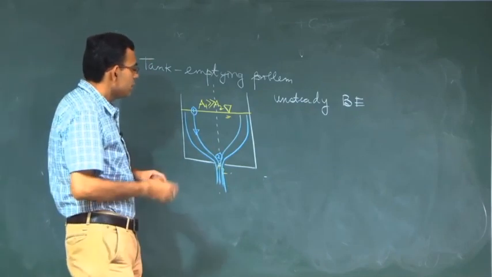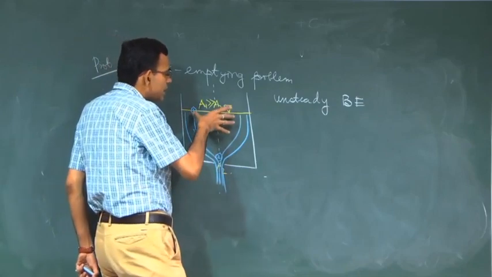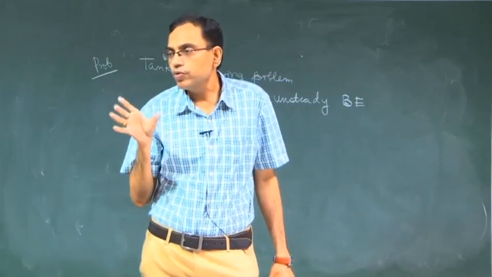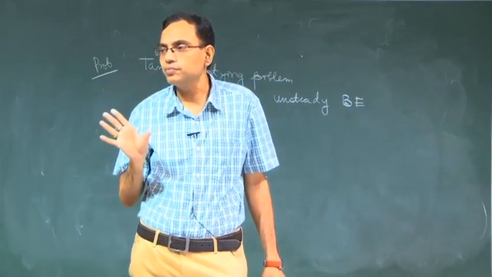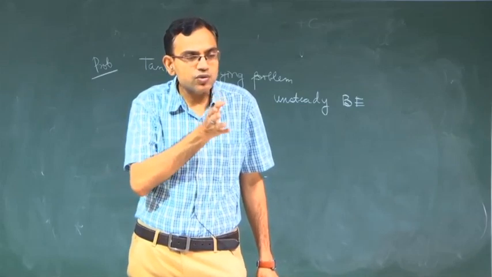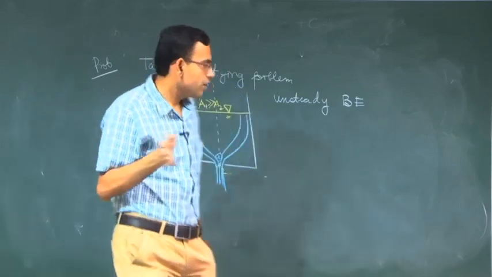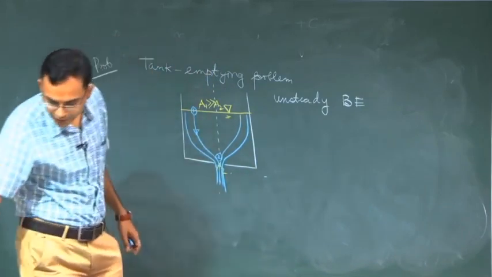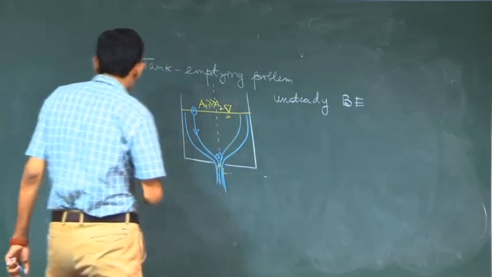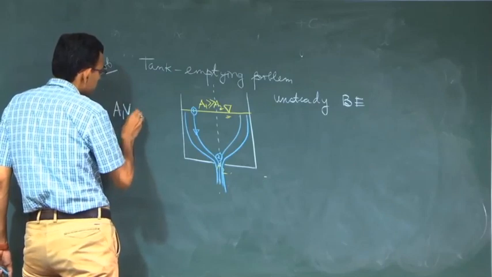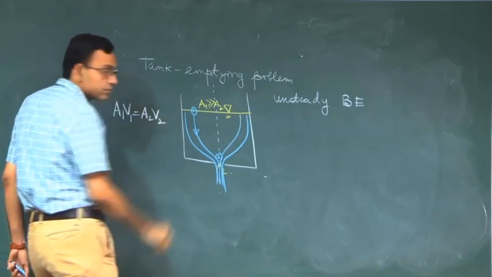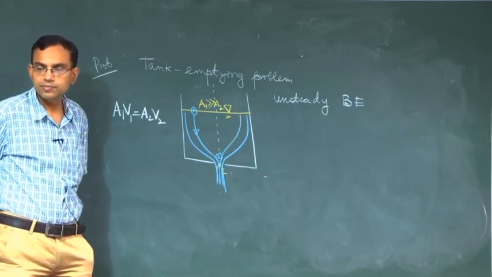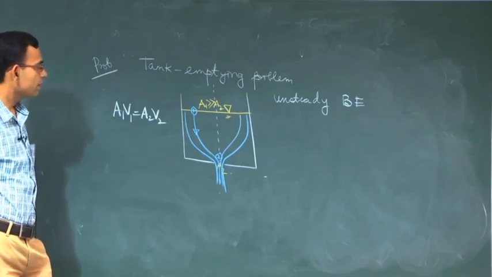First of all, regarding the velocities at sections 1 and 2, when we are assuming inviscid flow, we are implicitly assuming that the velocities are uniform, because viscous flow will give rise to a velocity gradient. So, when we say the velocities are uniform over 1 and 2, we can write this.